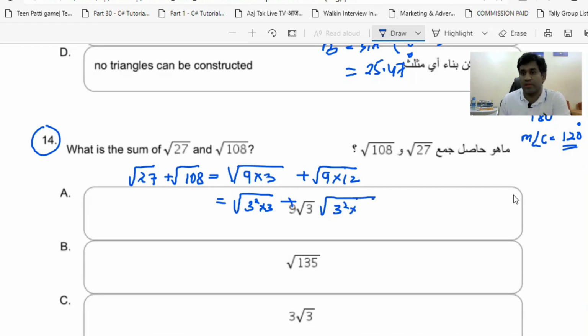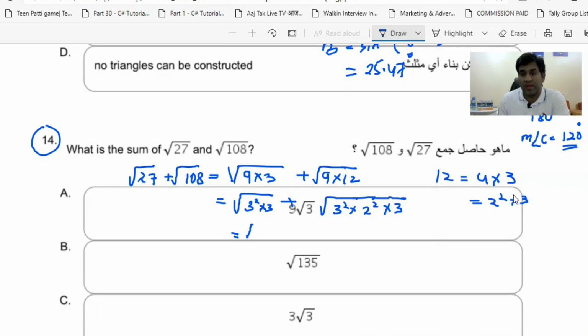And 12 can be written as 4 times 3, and 4 can be written as 2 squared, so I can write it here as 2 squared times 3. So now the square and the square root will get cancelled out.